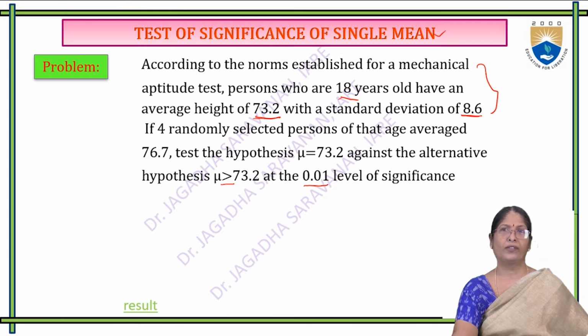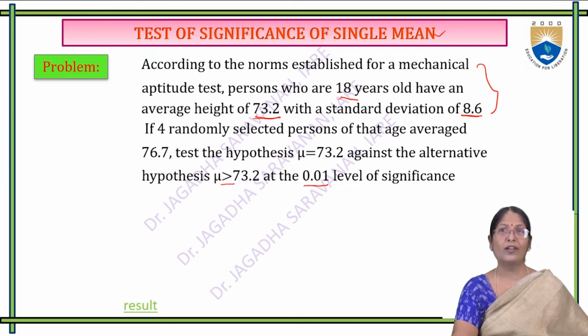Then to analyze the population with mean 73.2 and sigma 8.6, as it is defined, we have to accept it. Whatever the statement regarding the population is defined in the problem, we have to accept.